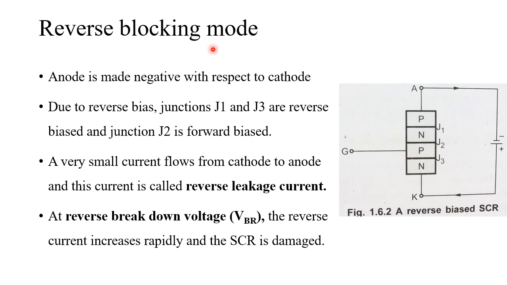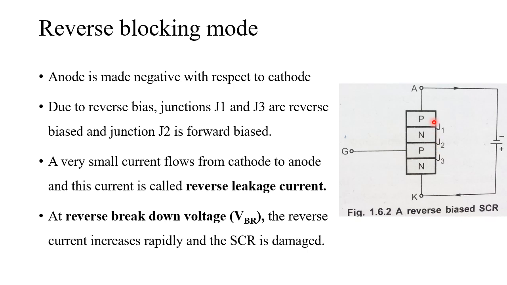During reverse blocking mode, the SCR is reverse biased. Reverse biased means P2 negative, N2 positive, that is, the anode is made negative with respect to the cathode, and the cathode is given positive. Due to this reverse bias, junctions J1 and J3 are reverse biased and there won't be any conduction at these junctions, and only J2 is forward biased.